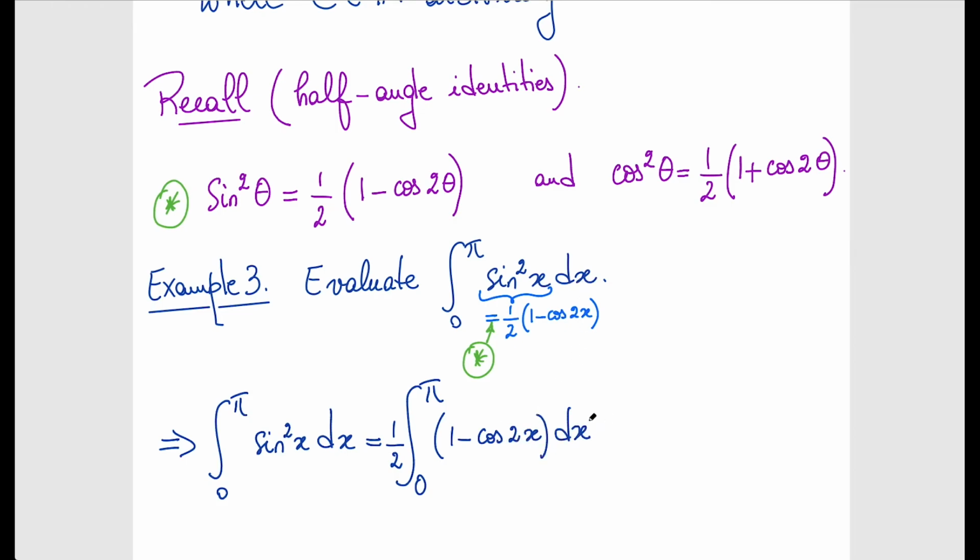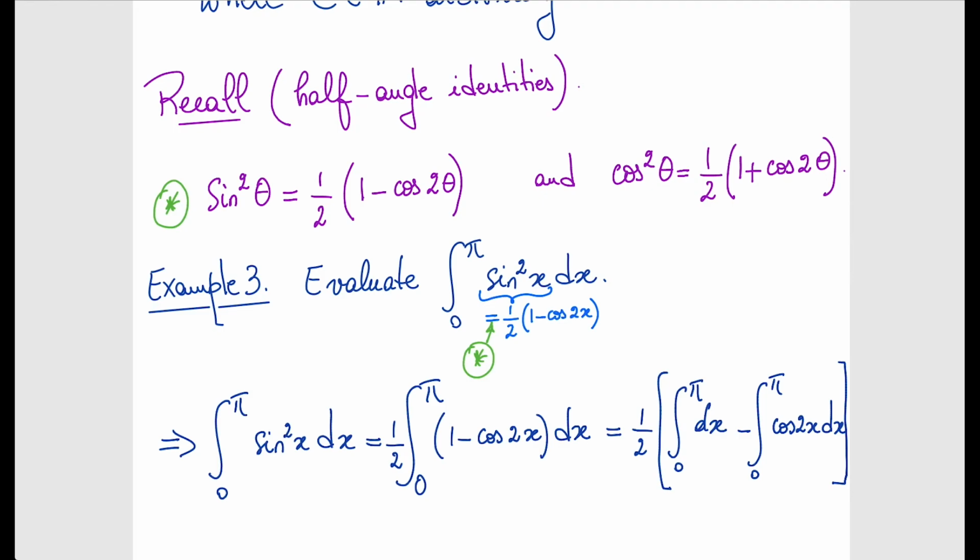All right, and this is an easy integral because now I have a linear power for cosine, so this is technically equal to half times, let's split the integral, the integral from 0 to pi of 1 dx, remember this means 1 dx, minus the integral from 0 to pi of cosine 2x dx.